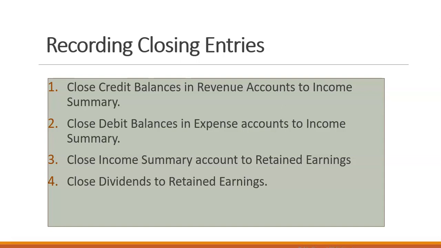Okay, and we close these accounts into a temporary account we call income summary. Income summary is only used to record closing entries. Once the income summary account has the revenue minus expenses in there, we close that to the permanent account of retained earnings that is on our balance sheet, and then we close the dividend account.